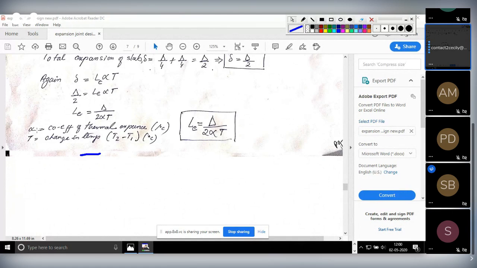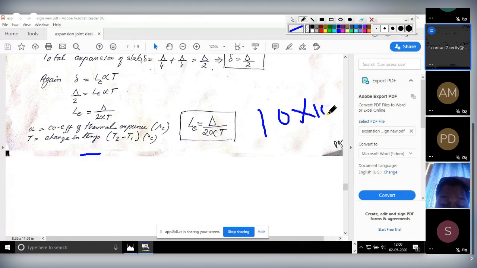Alpha is your coefficient of thermal expansion. You can note it down. Coefficient of thermal expansion: if not given, assume it to be 10 into 10 to the power minus 6 per degree centigrade. Unit is per degree centigrade.